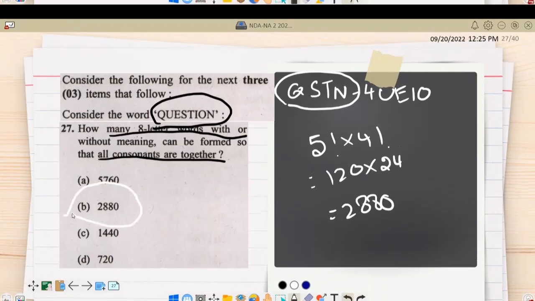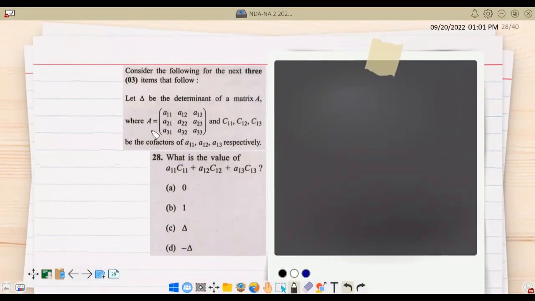Answer B. This question is on the matrix A, and they have given C11, C12, C13 as the cofactors of A11, A12, A13. The first question they have asked is A11 into cofactor 11 plus A12 into cofactor 12 plus A13 into cofactor 13.